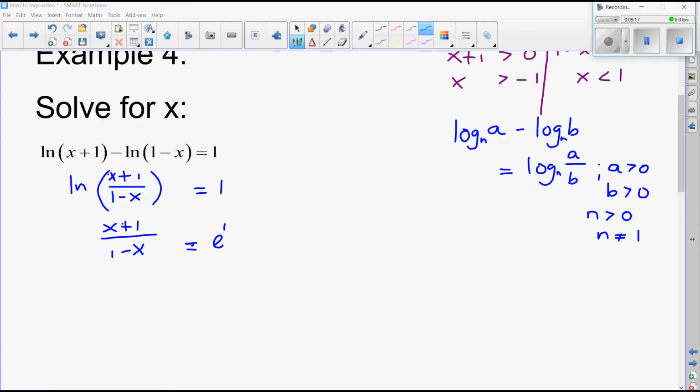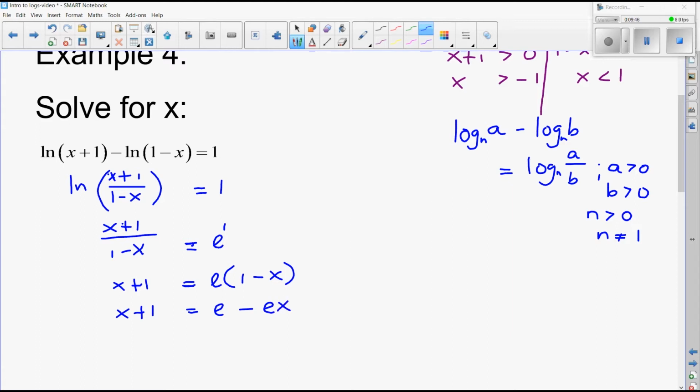The lowest common denominator is 1 minus x, so I multiply both sides of the equation by 1 minus x, so I get x plus 1 equals e times 1 minus x. Let's remove brackets here because we need to isolate the terms that contain the variable x, as the instruction is solve for x. So I have x plus 1 equals e minus ex.